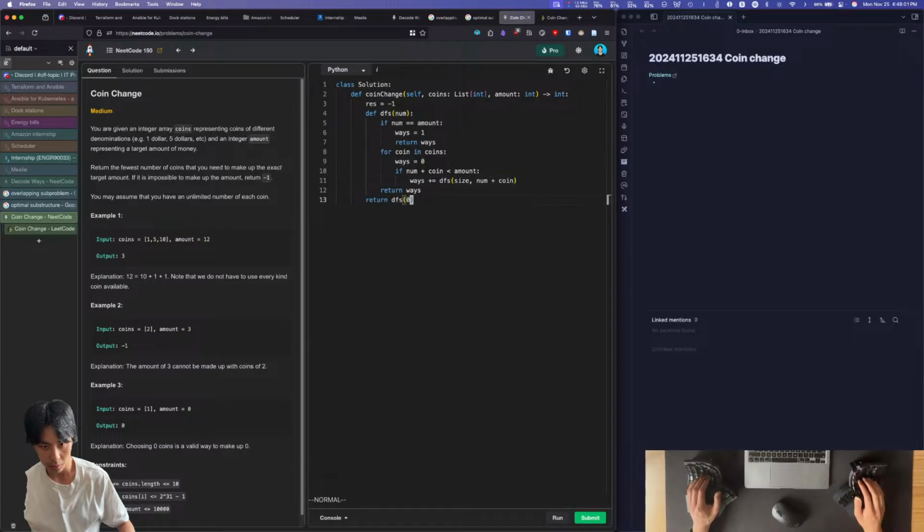Size, maybe? Size originally is 0. Size. Total.